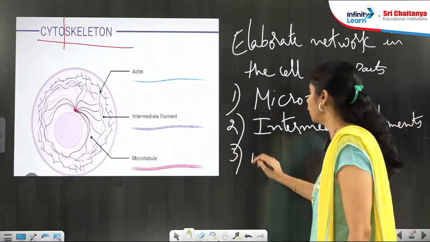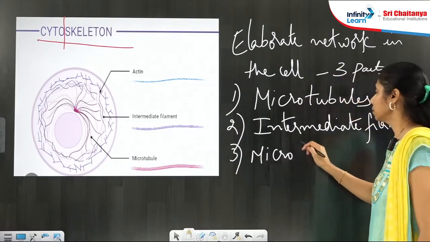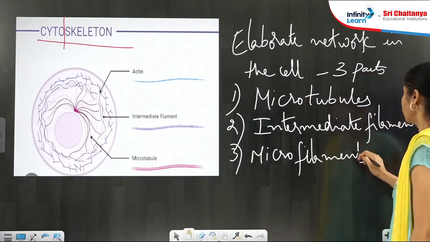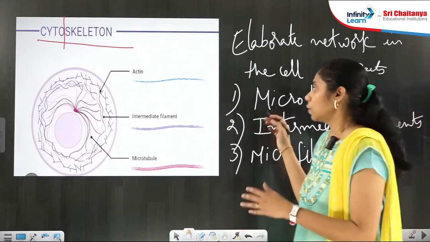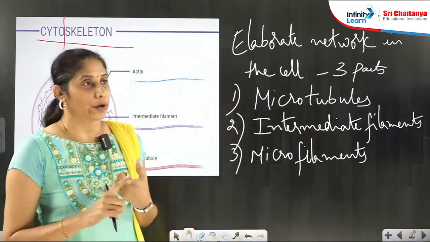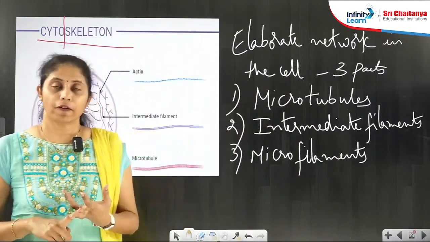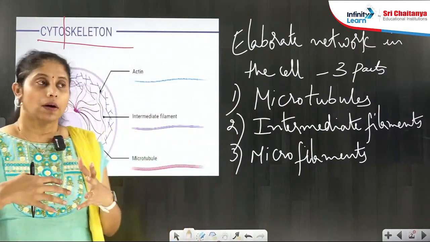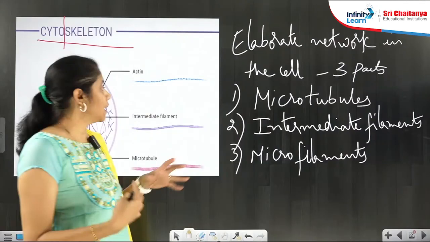Third one, microfilaments. The cytoskeleton is made up of these 3 components, and these are named based on their sizes basically.